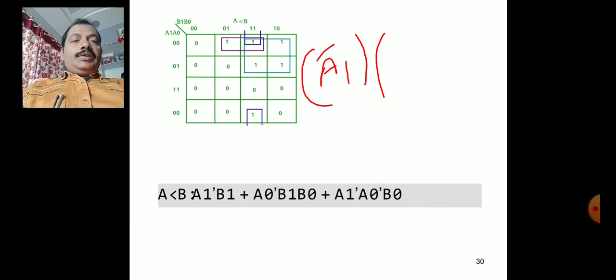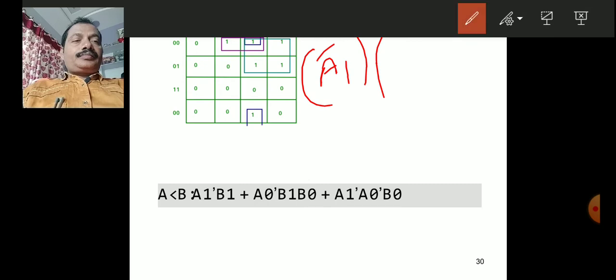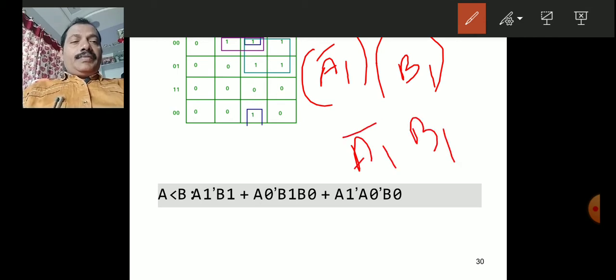That means B1 is not changing, B0 is changing. Eliminate B0, retain B1. That means A1 bar B1. This is the first term. For the quad, we have written A1 bar B1. So let us write for the next pair. Let us consider one pair.